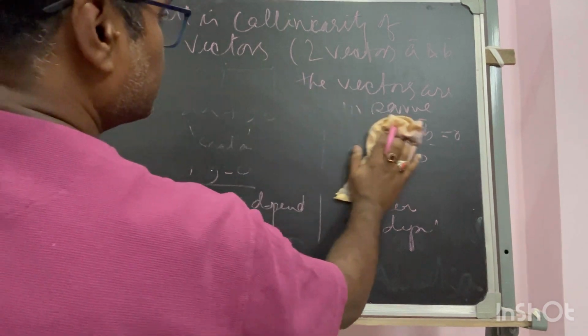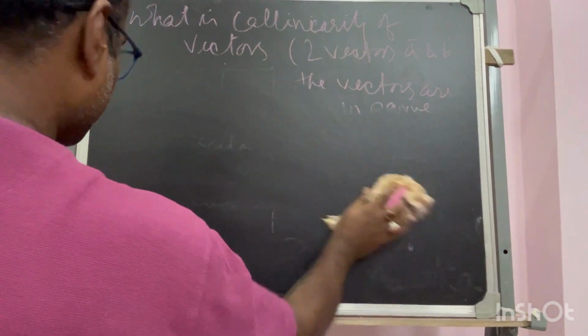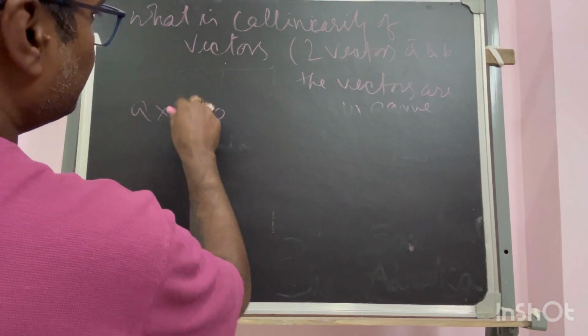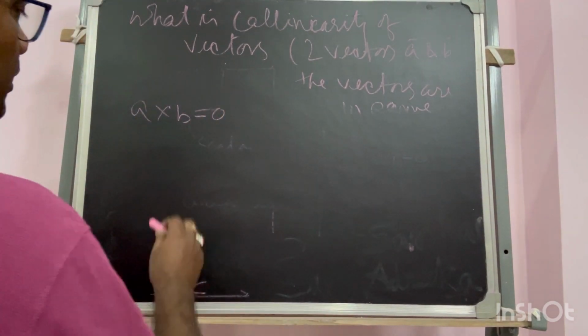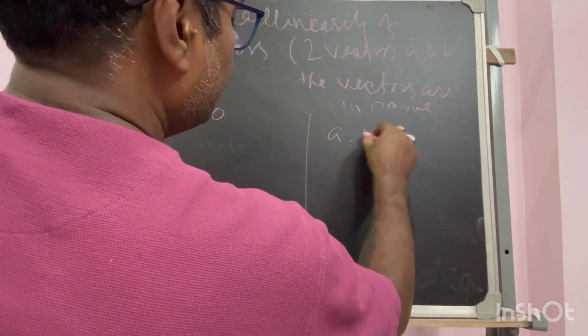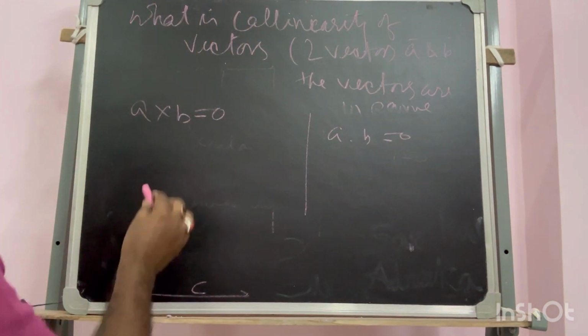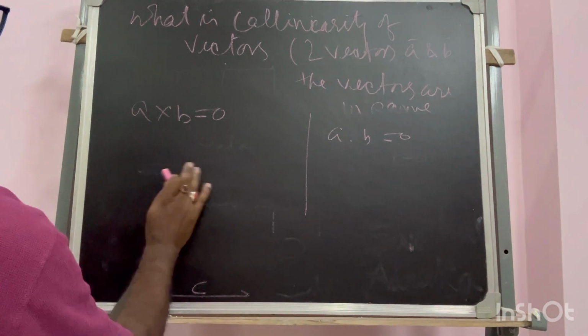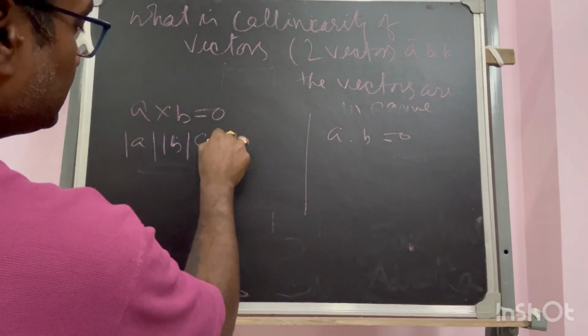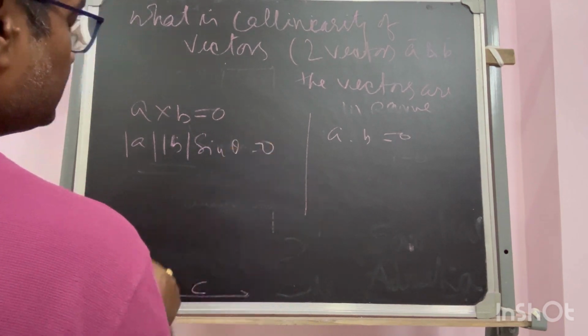The third condition was that the cross product a cross b has to be 0 for collinearity, and that of a dot b has to be 0 for non-collinearity. That means for two vectors, a cross b is ab sin theta equal to 0.